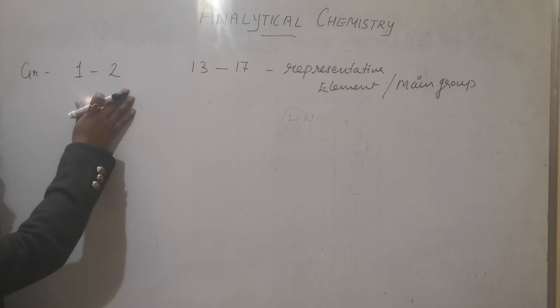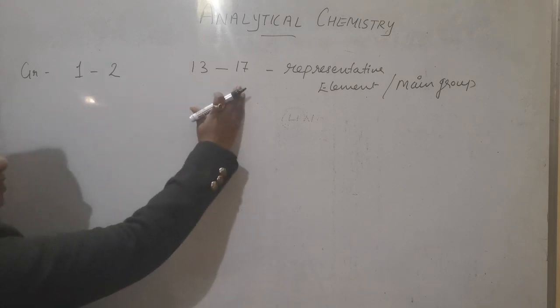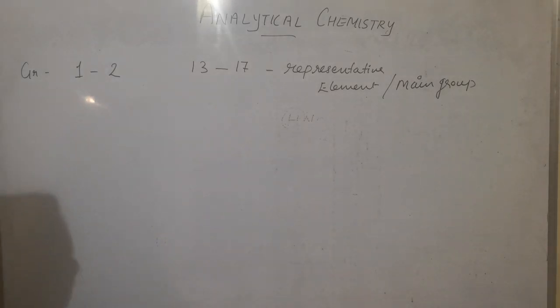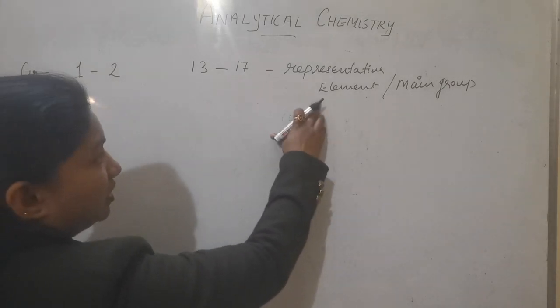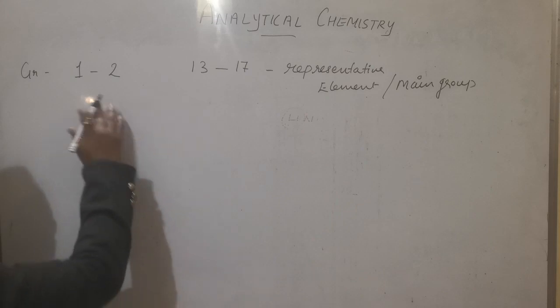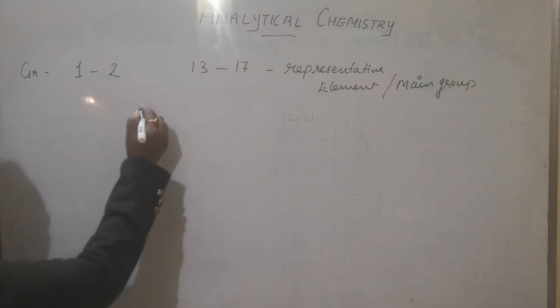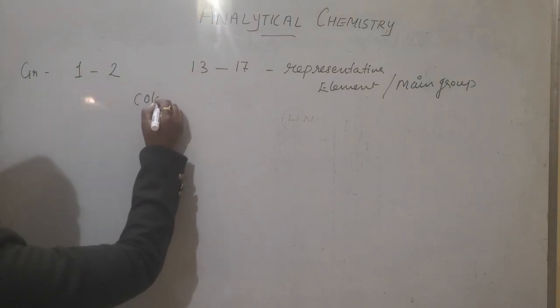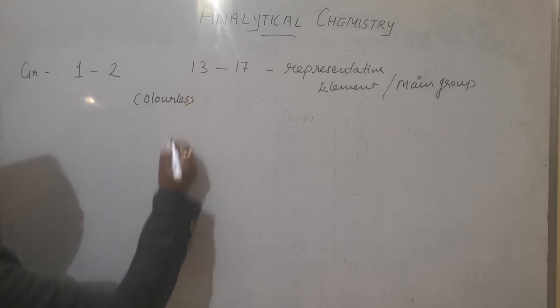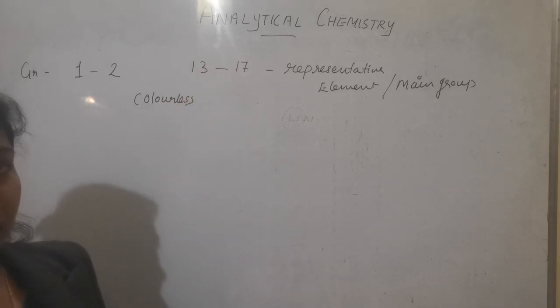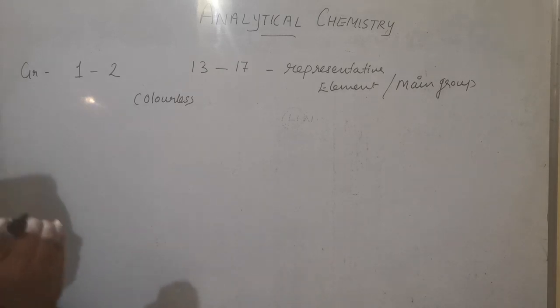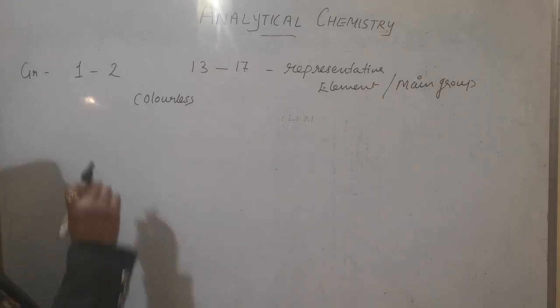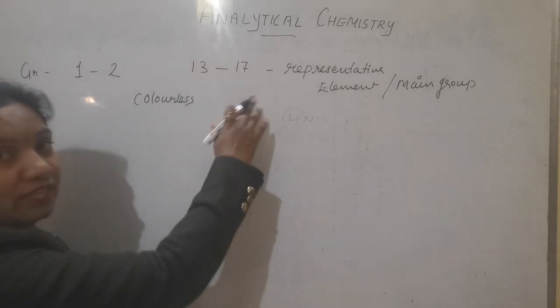We know that group 1, 2 elements are all metals, and from 13 to 17 they are mostly non-metals. These elements are generally colorless. Only few ions are colored, so that we'll discuss separately. Here, just keep this in mind that whatever element is present in group 1, 2 and from 13 to 17, they are mostly colorless.